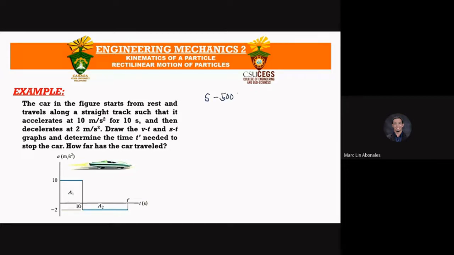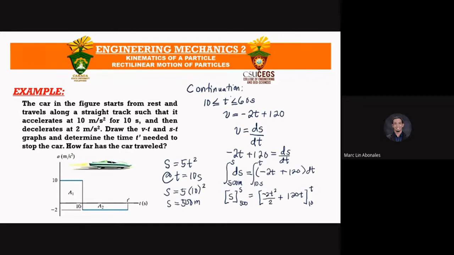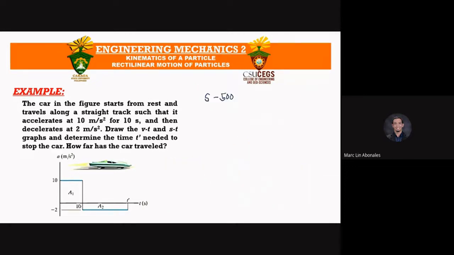Okay, that is the left side, and on the right side, negative 2t squared over 2, that would be negative t squared plus 120t. So substitute also the upper and the lower limit. So that would be negative t squared plus 120t, minus the lower limit of 10.